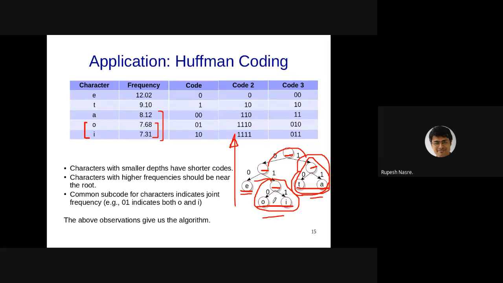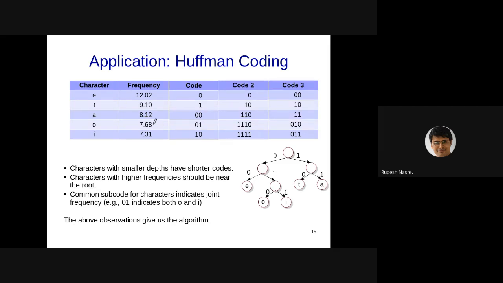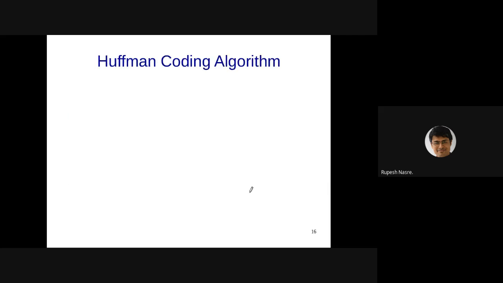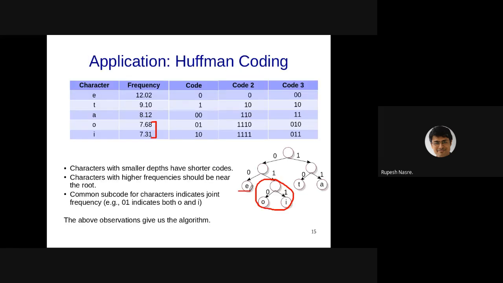Yeah, sure, I'll repeat that, no problem. So the smallest two frequencies are these, right? So our heap order is this one. So that part we know that we build this subtree. Now we have 4 elements rather than 5. The 4 elements are E, this subtree, T and A. E, T, A's frequencies are known, but the frequency of this subtree should be the sum of these two, which is 14.99.